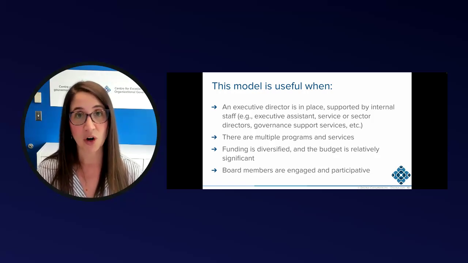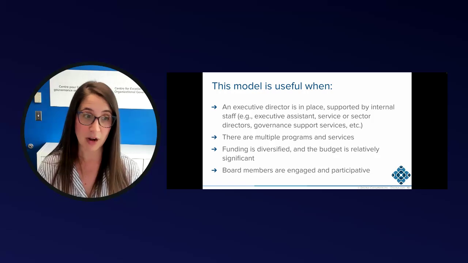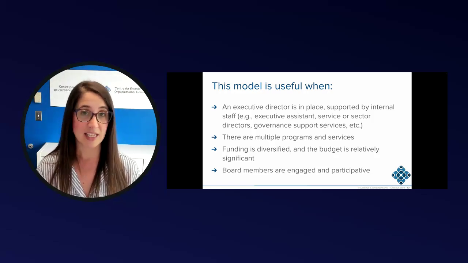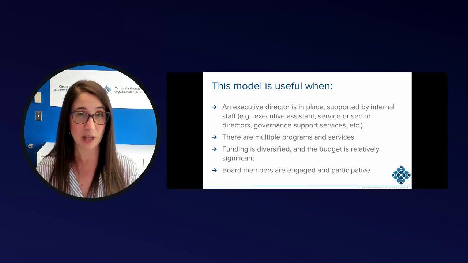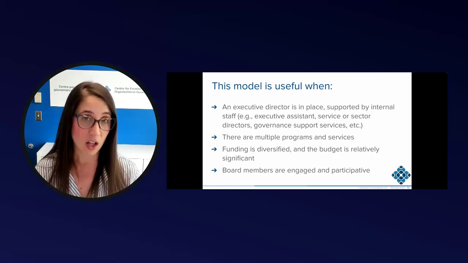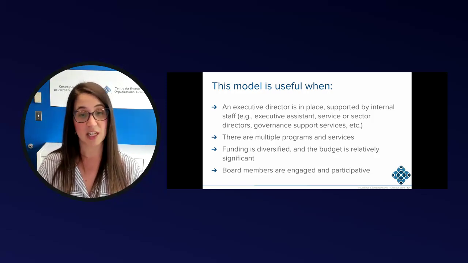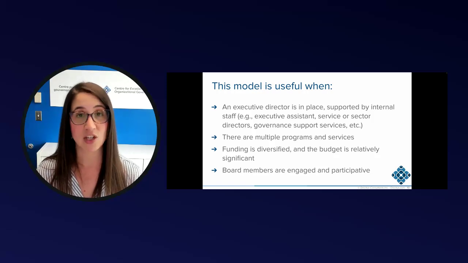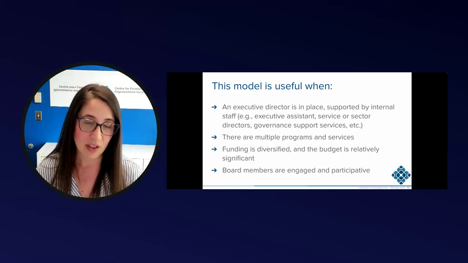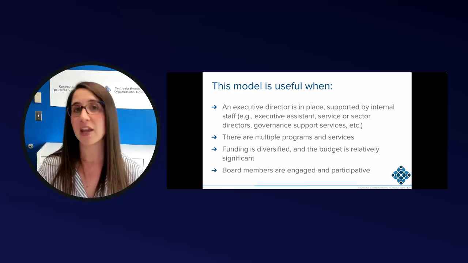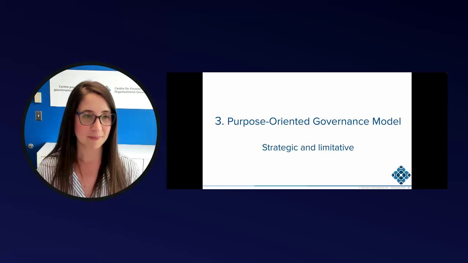Also useful for organizations that have multiple programs and services, organizations in which the funding is diversified and the budget is relatively significant. Also useful when the board members are engaged and participative in committees, they're prepared, they can think strategically, and they are there for it all.